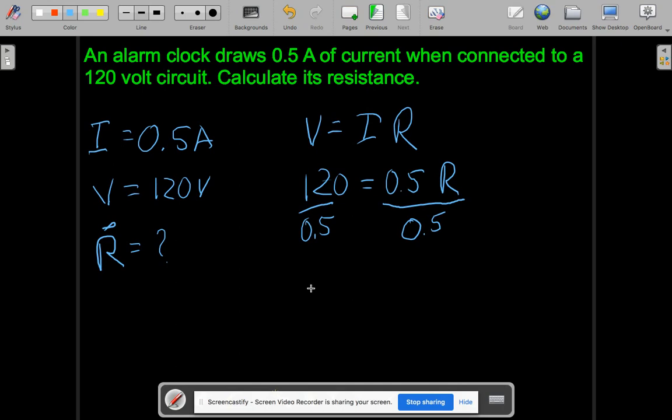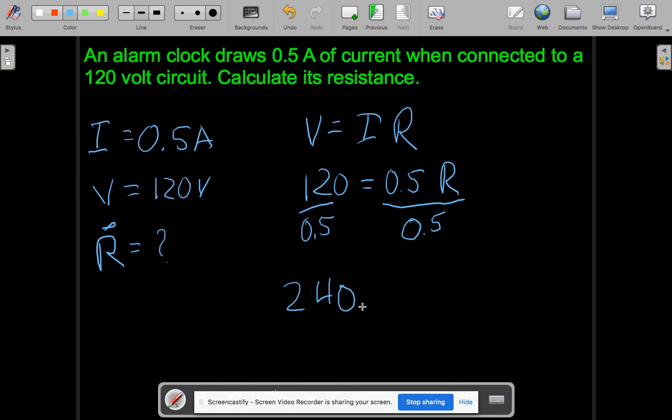So you take 120 divided by 0.5, and that will give you 240. Oh, I hit that button again. I'm telling you, that button on this pen is right in the way of your fingers. So you get 240.